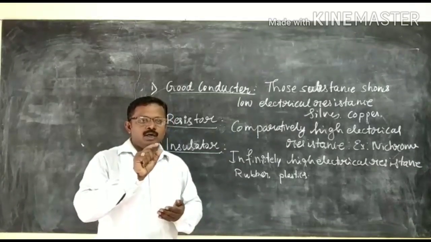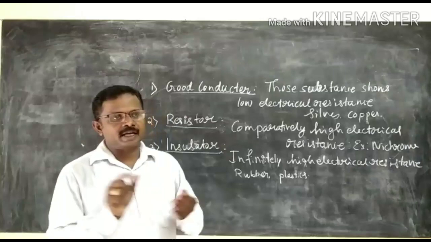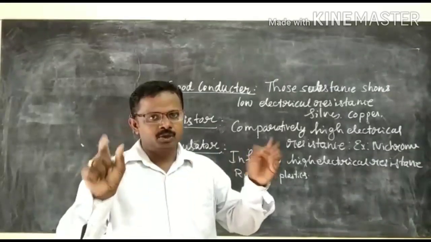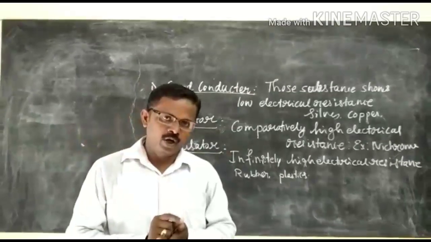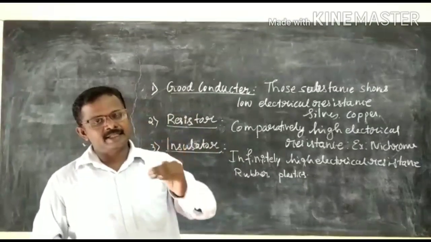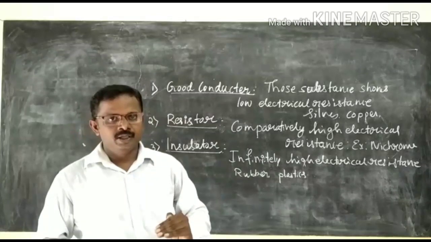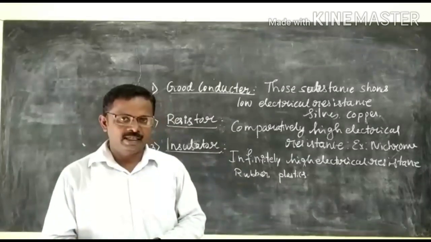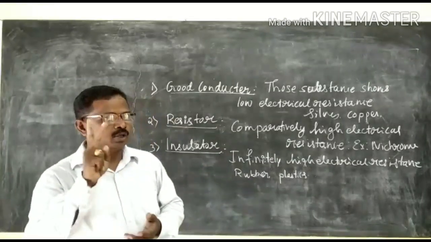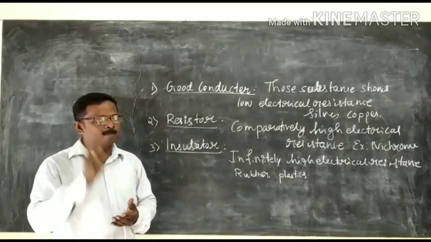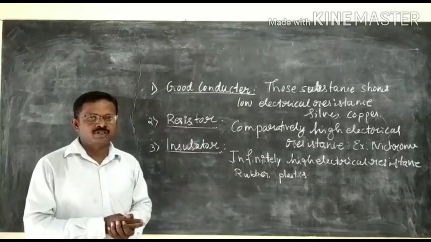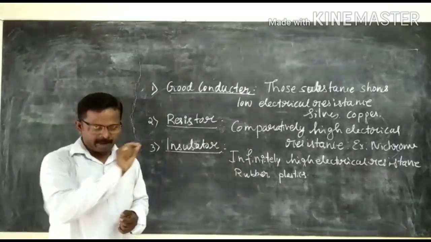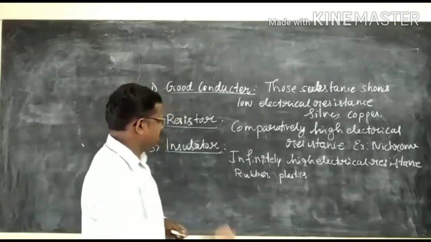So, resistances can be connected in two ways. One is lengthwise, that means series, or we can connect the resistances in parallel. Then we get the required current in a circuit. So there are two types of connection or combination of resistance in order to get a required resistance in a circuit. One is parallel connection, another one is series connection.